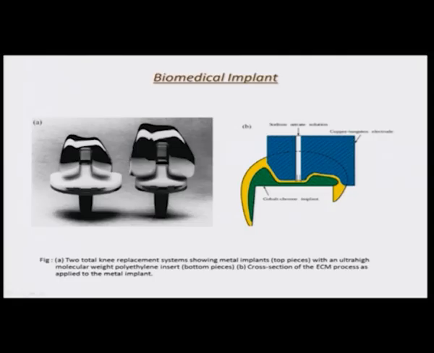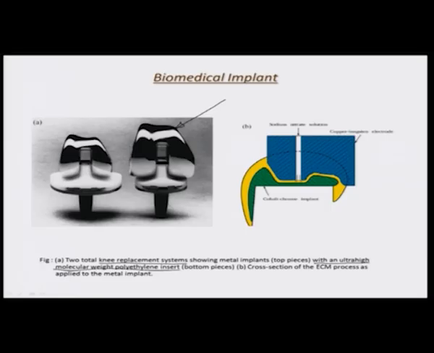It's an extremely complex topology which otherwise may not be machinable with a conventional machining process, okay. So, this implant is basically a knee replacement system, okay, and they are made with an ultra high molecular weight polyethylene insert.